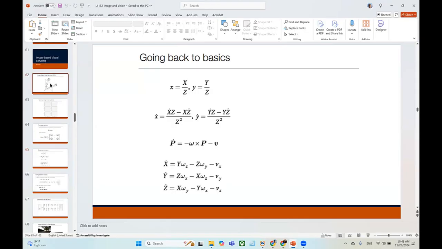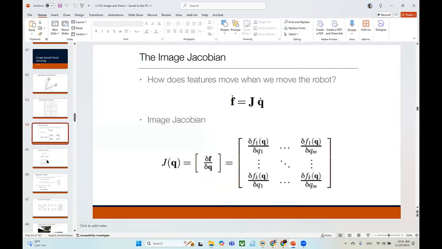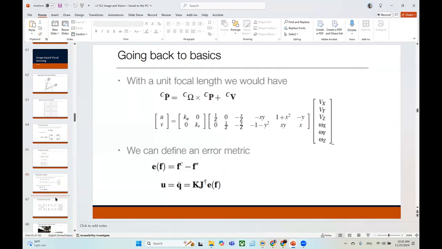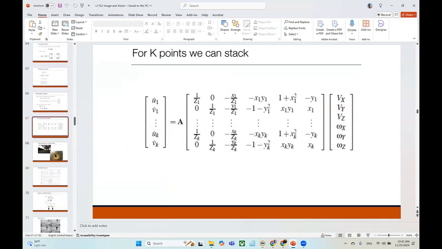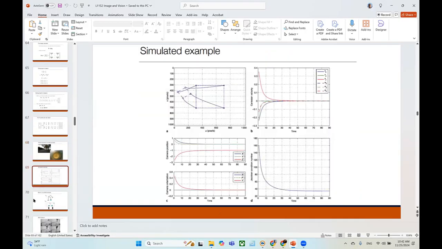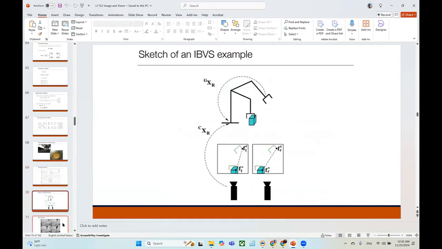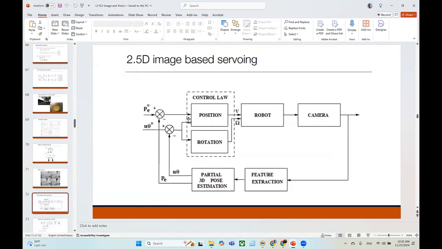This is between your UV that you observe, converting to the XYZ. The picture that you take needs to be converted to your internal model. This just shows you how it can be done.